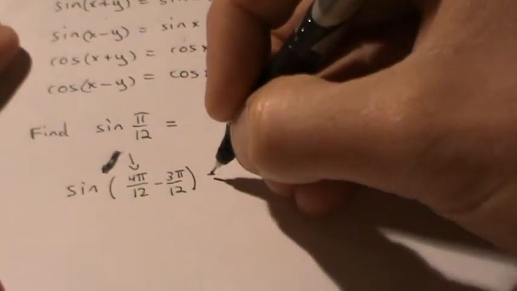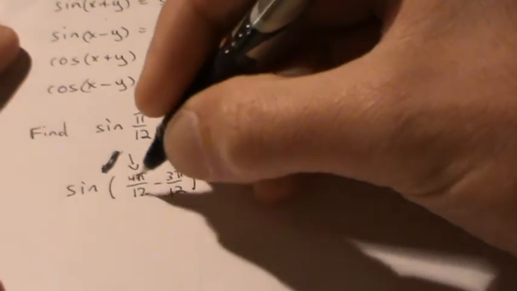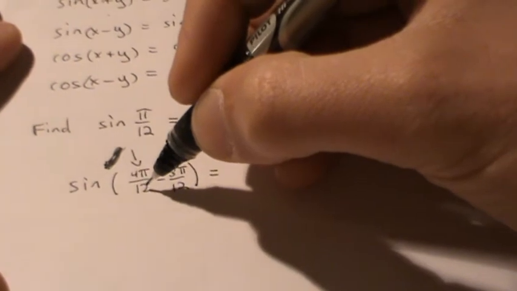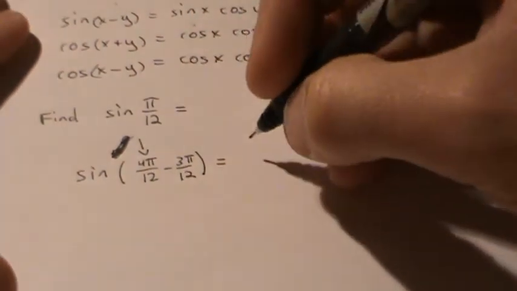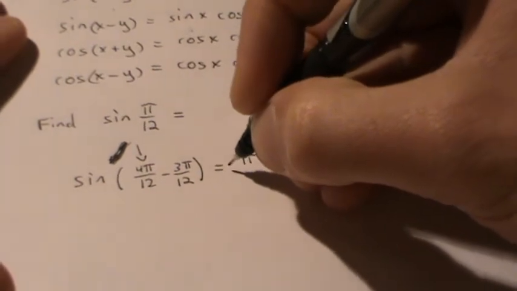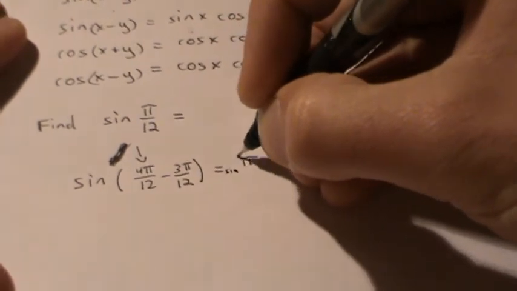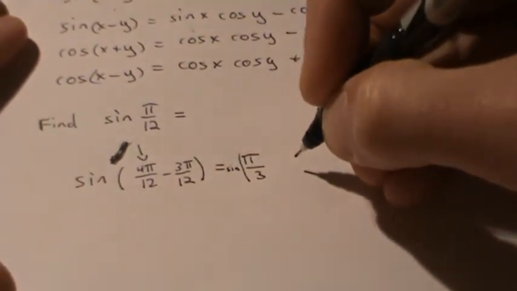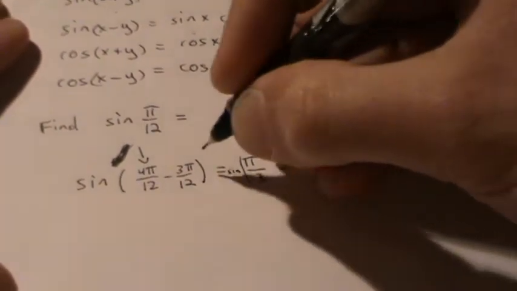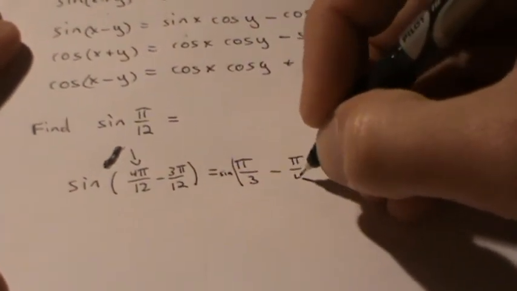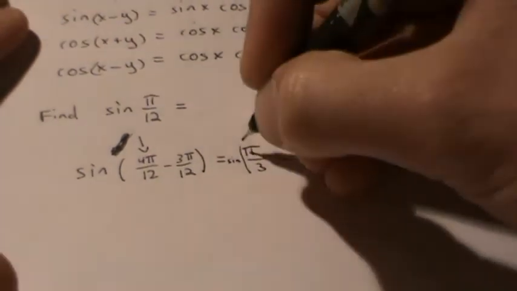And then what you do is you reduce these fractions here. Now 4 pi over 12 can be rewritten as pi over 3, so sine of pi over 3, and 3 pi over 12 can be reduced to pi over 4.